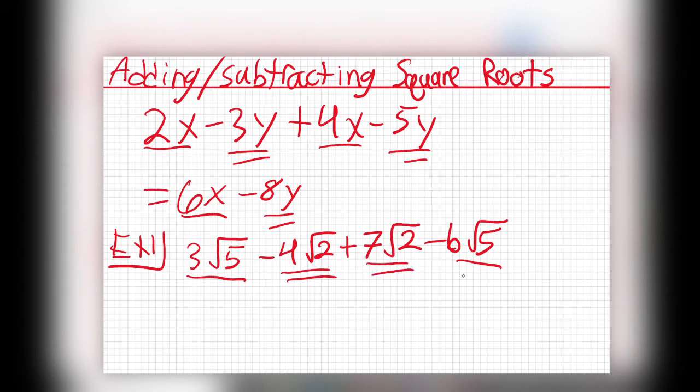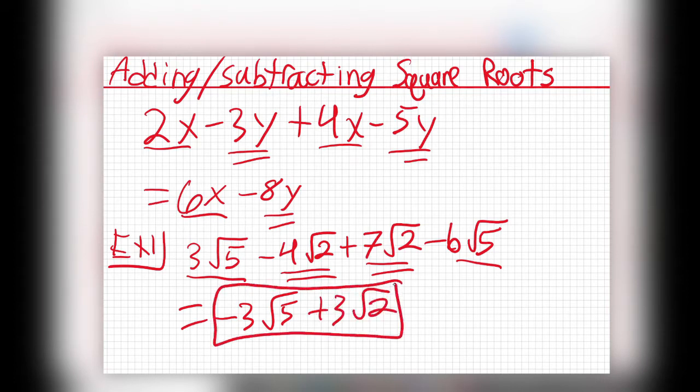So 3 minus 6 is negative 3 square root of 5. Negative 4 plus 7 is positive 3 square root of 2. So your final answer here is negative 3 times the square root of 5 plus 3 square root of 2.